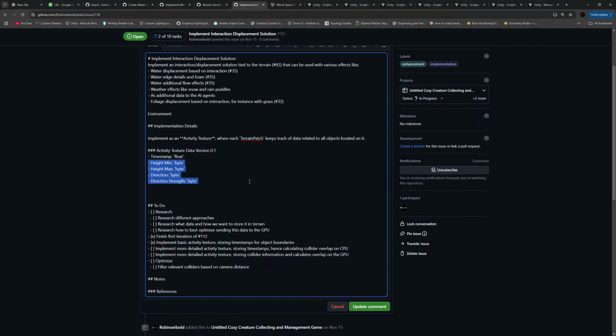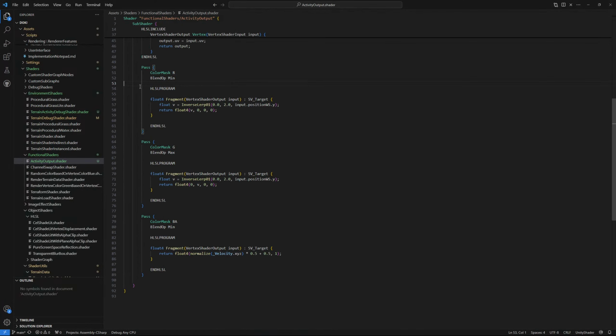I would love to render that one as well, I think. That would be very cool. How could we render it, though? Just debug it. That would be very cool, and I think it would be easy to do as well.